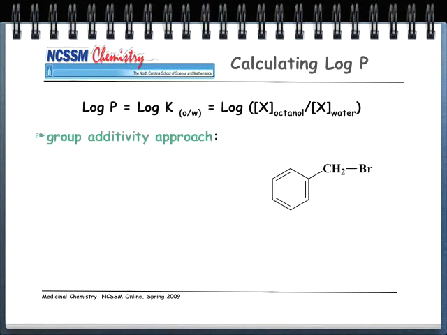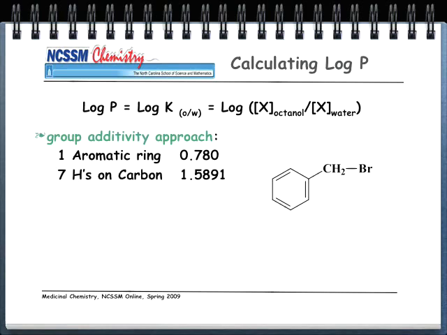But one approach is using what's called a group additivity approach. So for example, I can say an aromatic ring, that benzene ring there, has a log P value of 0.780. I can say, okay, there are now 7 hydrogens that are connected to a carbon. We don't see the hydrogens here, but they're there. And that has a calculated value of 1.5891.